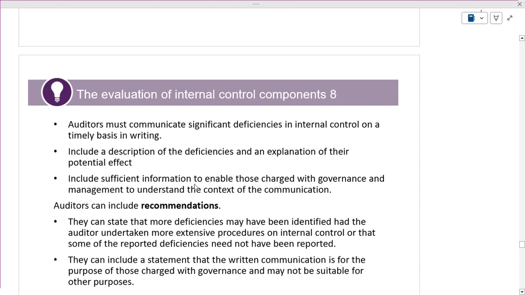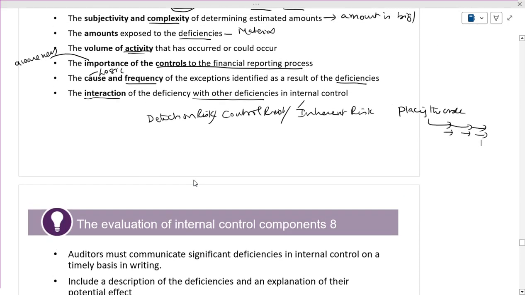When we say placing an order without approval, is it inherent risk or control risk? It is a control risk, no? Inherent means the risk is inbuilt, the risk that exists in the system.